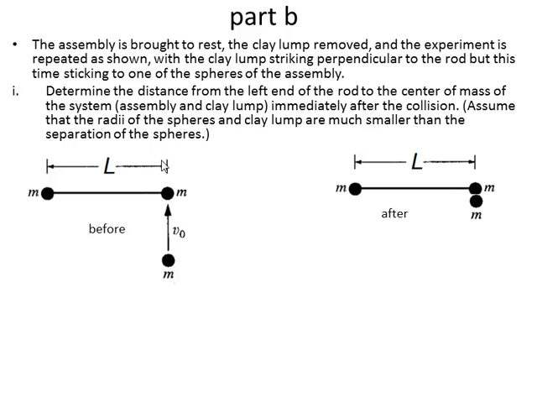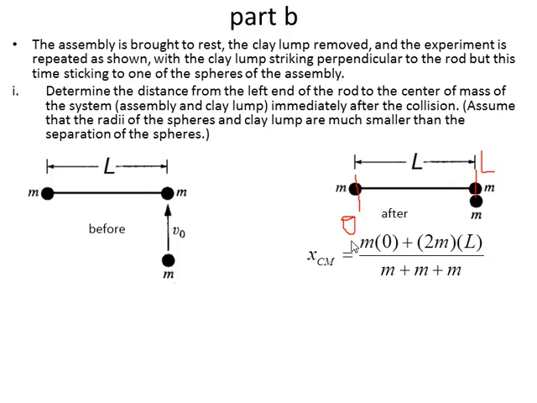To find the center of mass of an object, you take each of the masses times their position, add them together, and divide it by the total mass. Since the problem asks us from the left end, we're going to call that position 0, and this here will be position L. So the center of mass is equal to this mass right here times its position, which is 0, plus these two masses times their position, which is L, divided by the total mass, m plus m plus m.